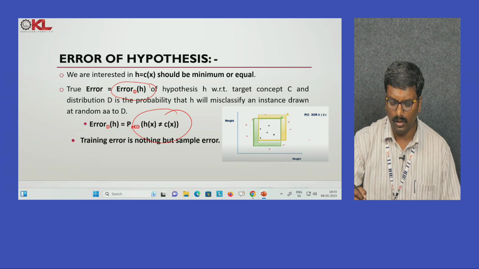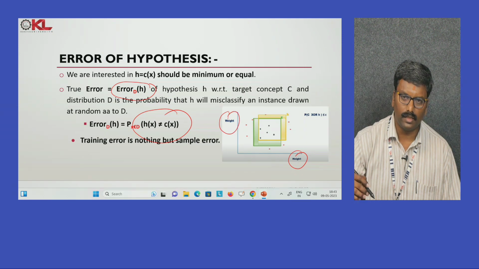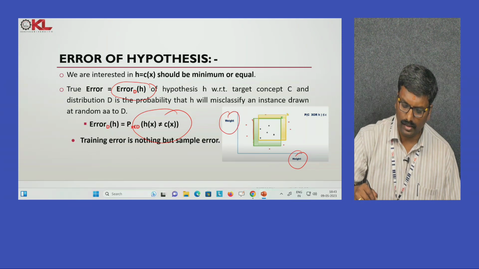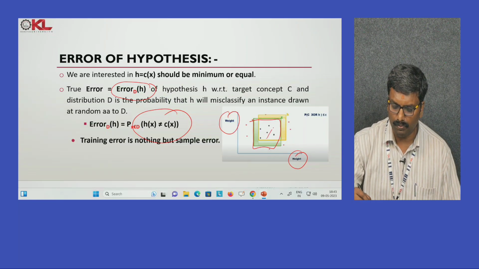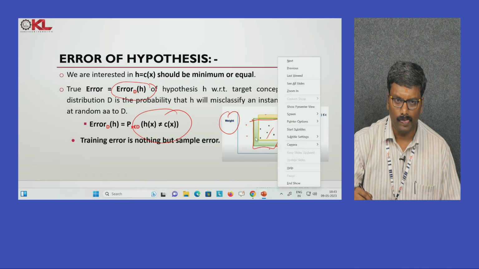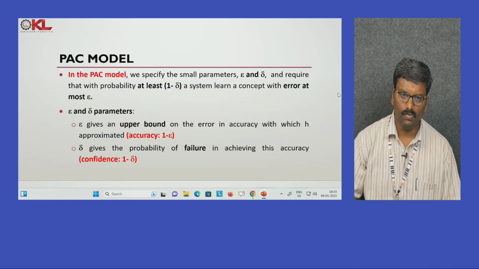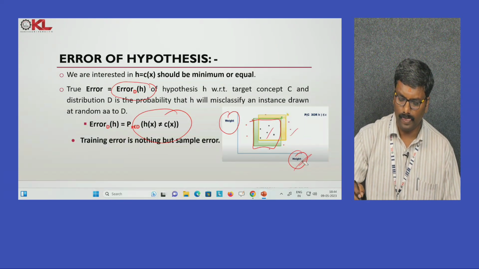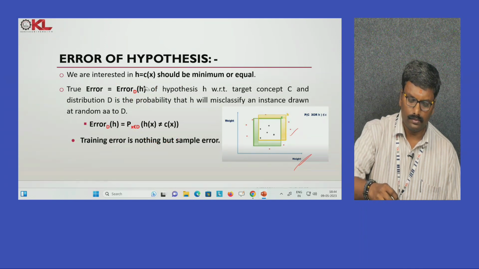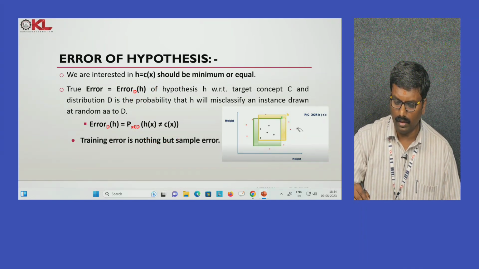In this example, the X axis we consider as height and the Y axis as weight, and the first rectangle has a number of samples, where we take the pluses and minuses. The first rectangle belongs to the target concept C, and the second one is the hypothesis.